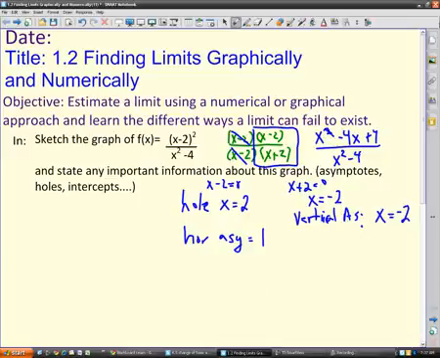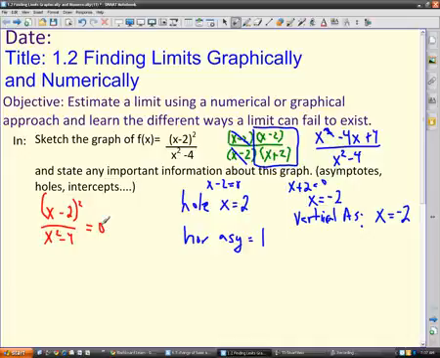So if I go ahead and sketch this graph, we should go ahead and set this thing equal to 0. If I set x minus 2 squared over x squared minus 4 equal to 0 to find my x-intercepts, this bottom part will multiply across and become 0 times it.